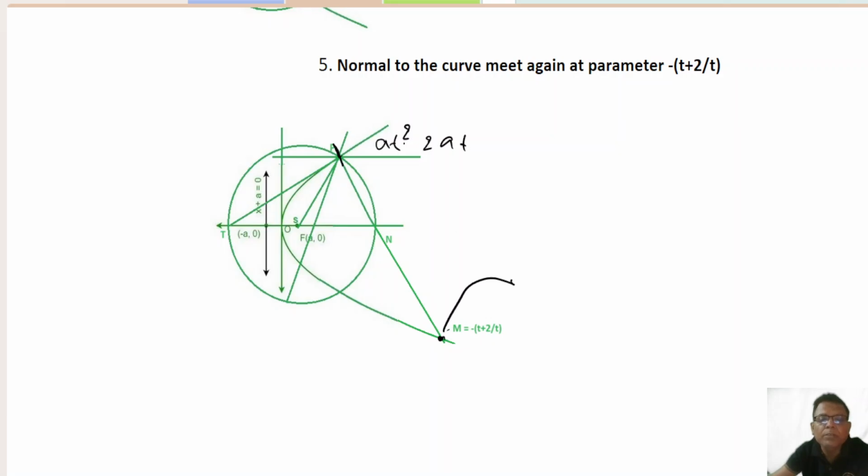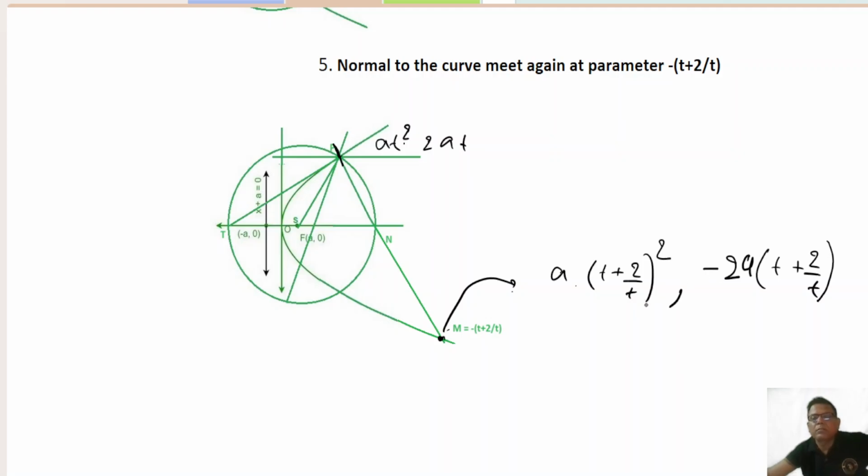So the coordinate of this point will be a(t plus 2 by t) the whole square, minus a(2t plus 2 by t). So this will be the coordinate of this point.